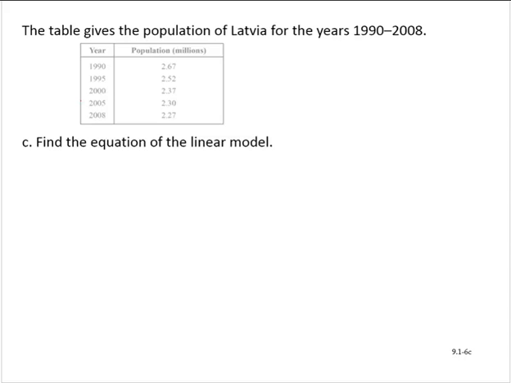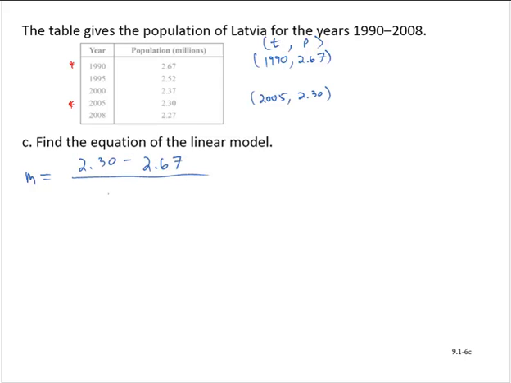Now we're asked to find the equation of the linear model. And so again, I use the first point and the fourth point. So let me rewrite those as ordered pairs. 1990, 2.67, and 2005, 2.30, and again my ordered pairs are in terms of T, P, time and population. We'll first find the slope. So m is equal to 2.30, subtract 2.67, over 2005, subtract 1990.